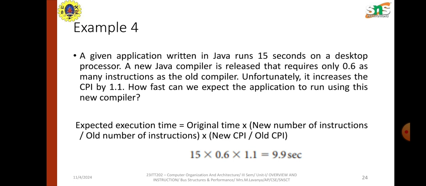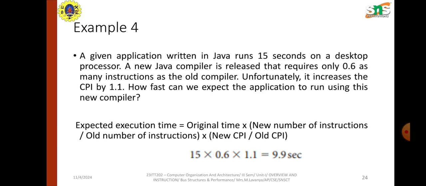So expected execution time equals original time times new number of instructions by old number of instructions, times new CPI by old CPI. So we are given 15 seconds as the original runtime, and the new compiler requires 0.6 as many instructions as old.